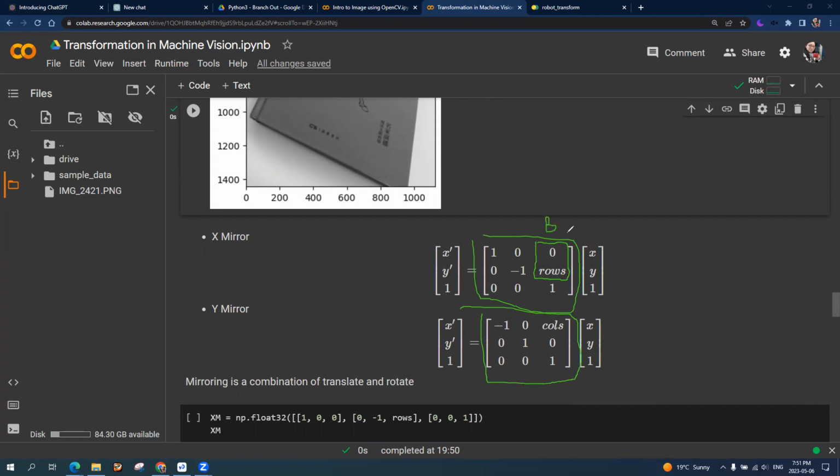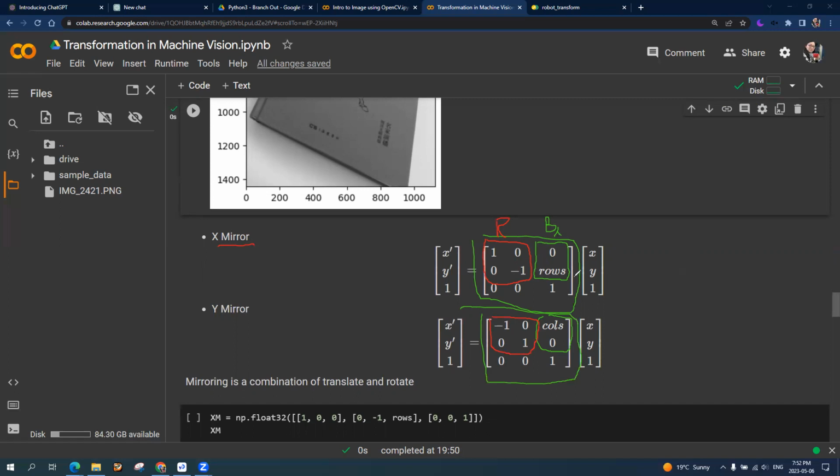The translation numbers go to here, and so is this. So that's translation. And this spot is the rotation matrix. That's where the rotation matrix goes, right? So that's the R matrix. So we can see that the mirroring is actually accomplished by a combination of translation and rotation.